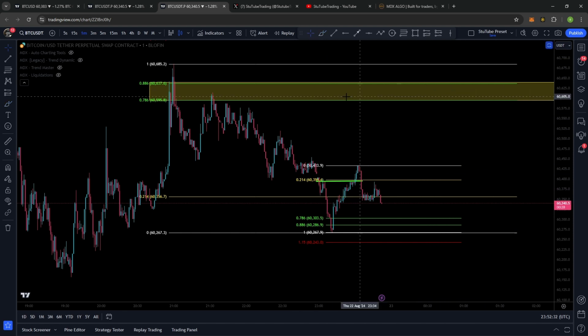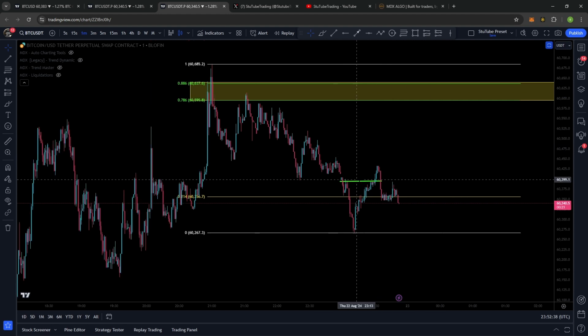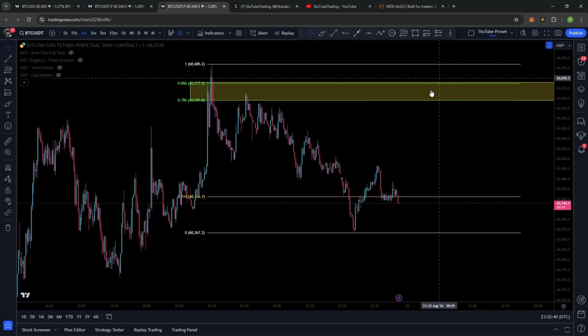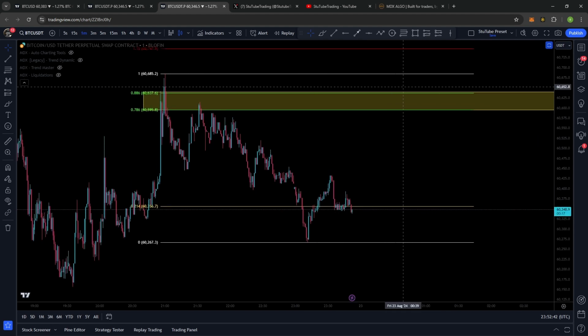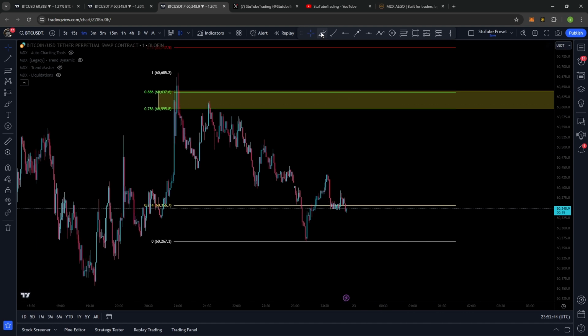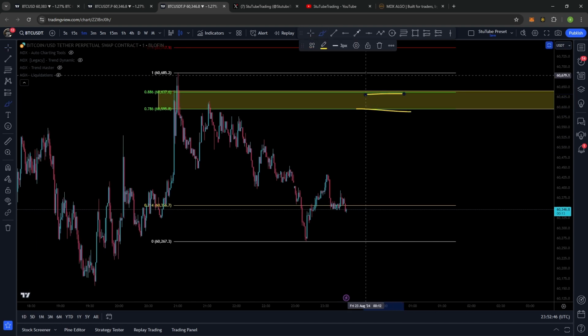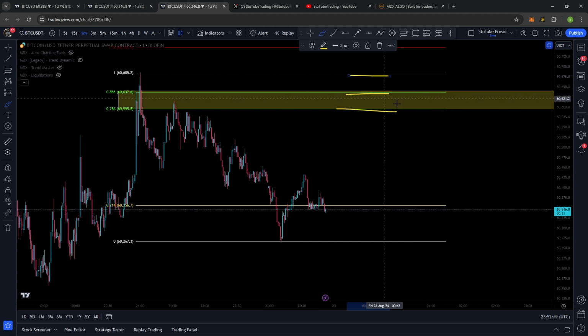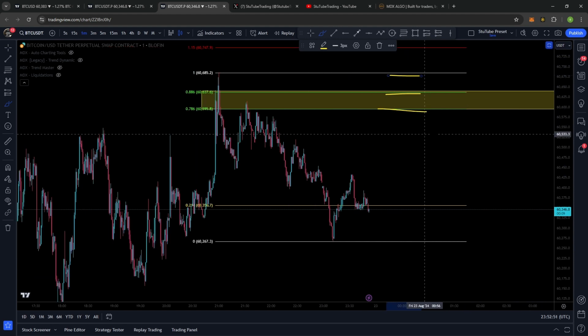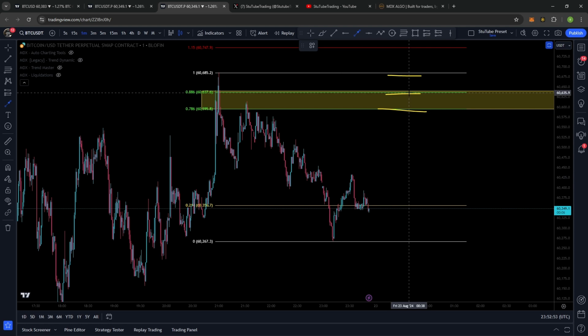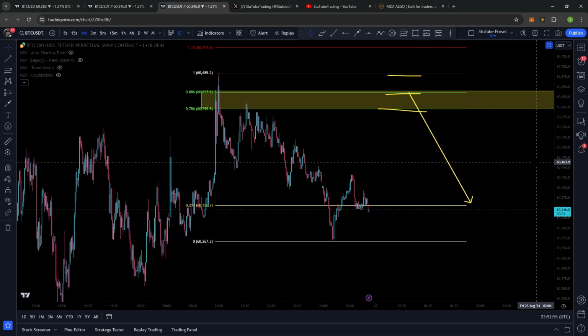I don't know if or when we end up getting up towards that box, it probably won't be during this stream, to be honest. But if we do, how I'd be going about that is entering, laddering into my position, stop loss somewhere above my red line there. And I would be looking at playing it down towards the 214.